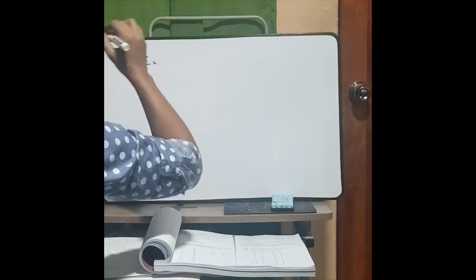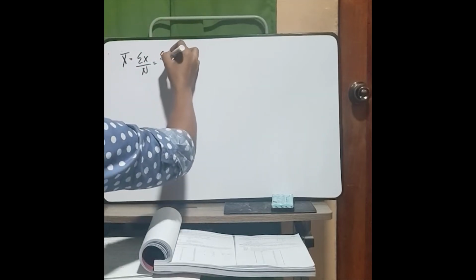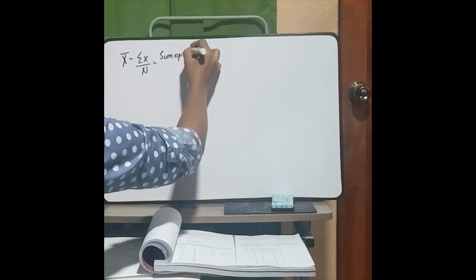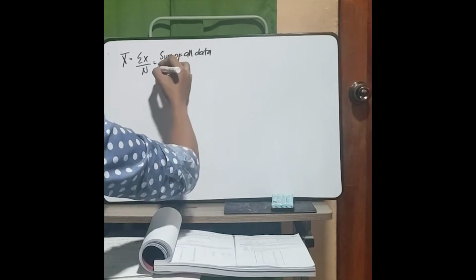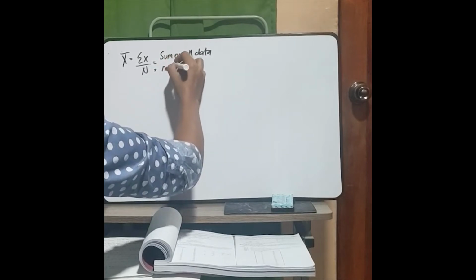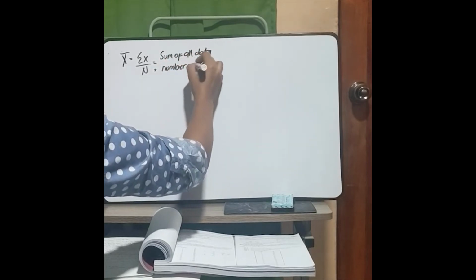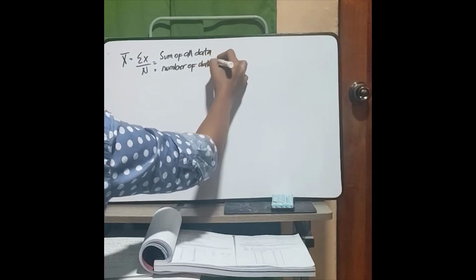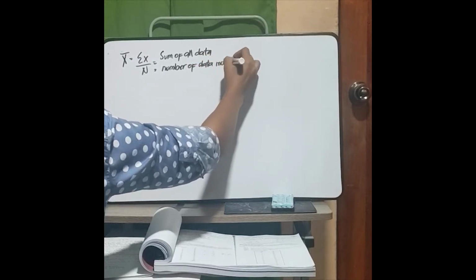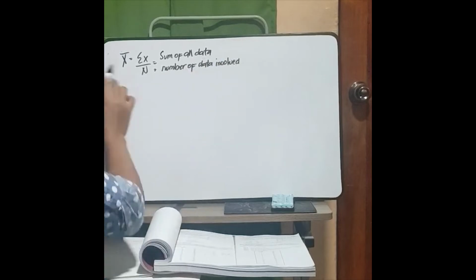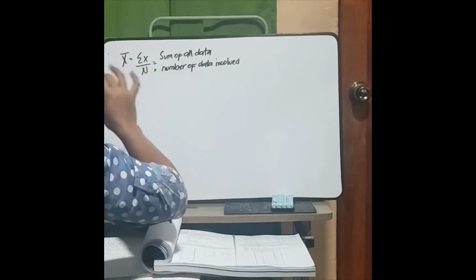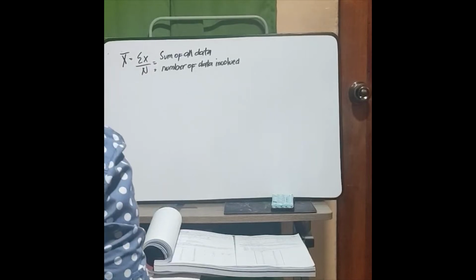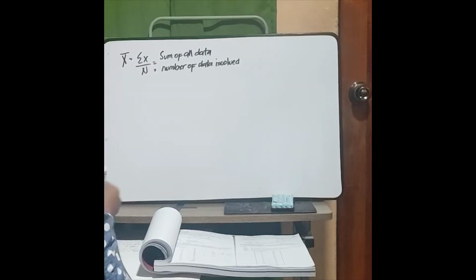The summation of x here is the sum of all data, and the n here is the number of data involved. Again, the summation of x is the sum of all data, and the n is the number of data involved.